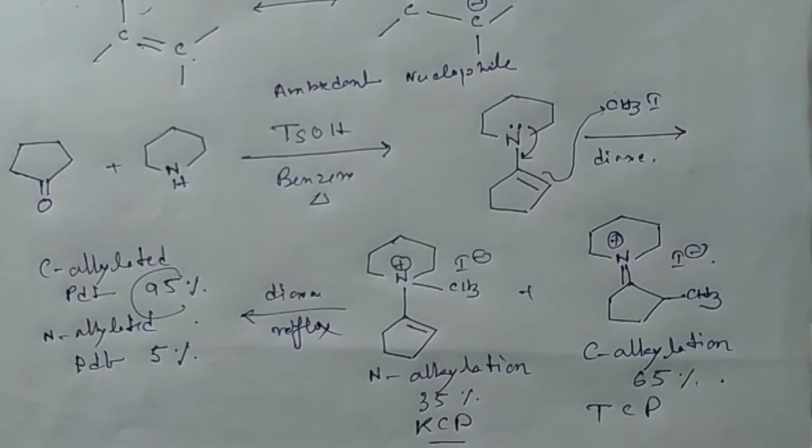In this connection, it is worthwhile to mention that enamines act as good nucleophiles. You can also compare enamines with enolates, because enolates have a similar structure, just with oxygen in place of nitrogen. But the oxygen has a negative charge, so the reactivity of the enolate is higher than the enamine.